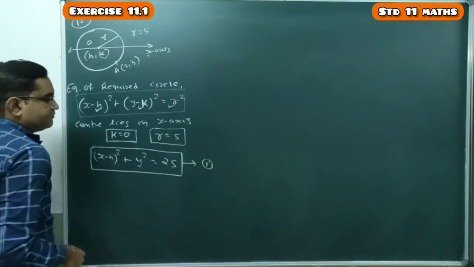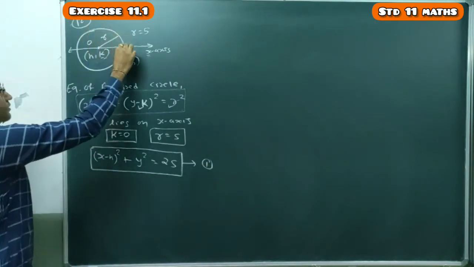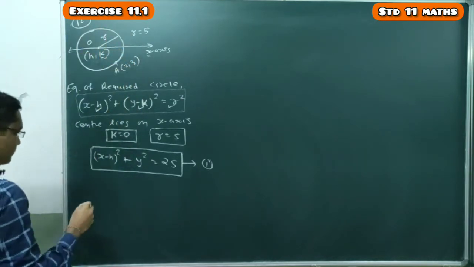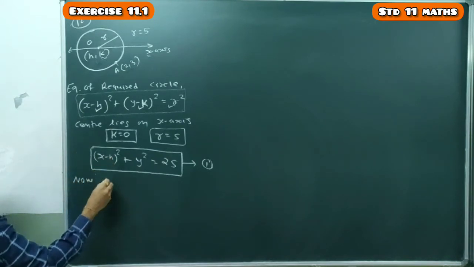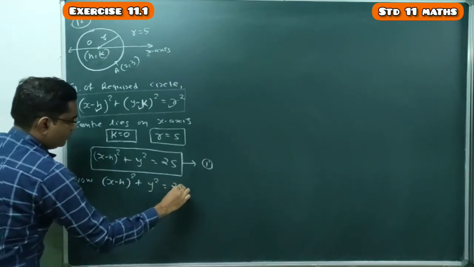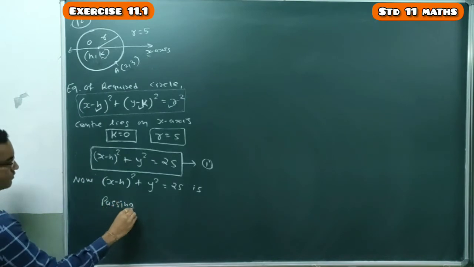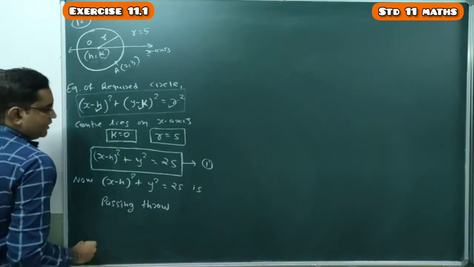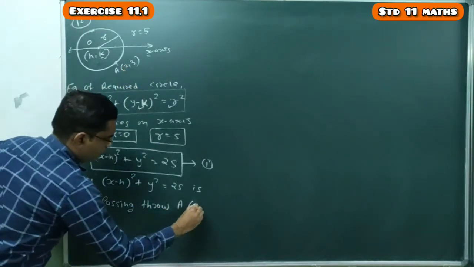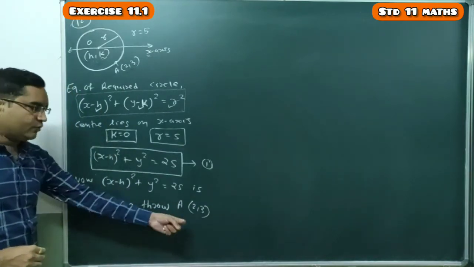Say result number 1. Now what we are given? We are also given that our required circle is passing through this point A. So now this circle x minus h whole square plus y square equal to 25 is passing through the point A whose coordinates are 2, 3, है ना. और equation of circle is passing through this point 2, 3.